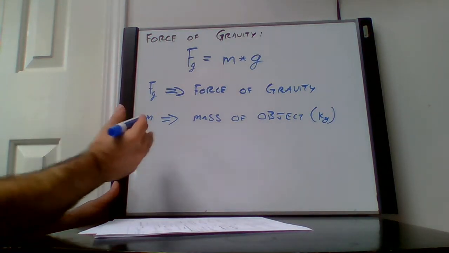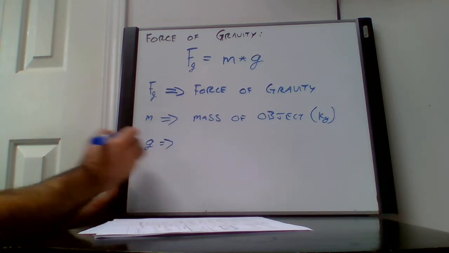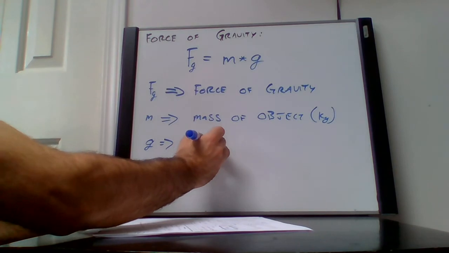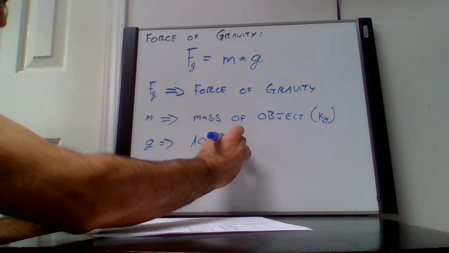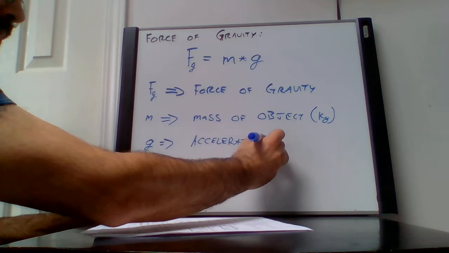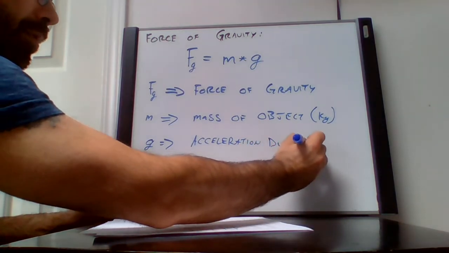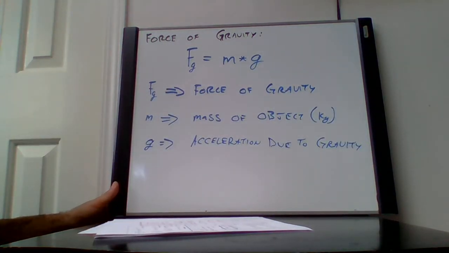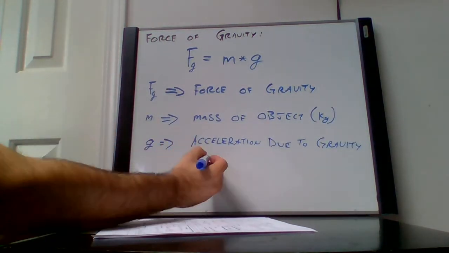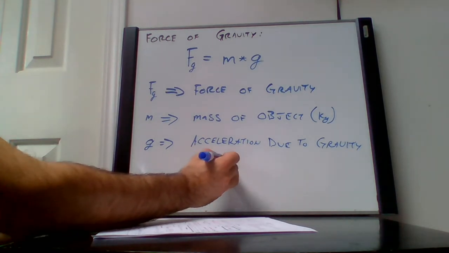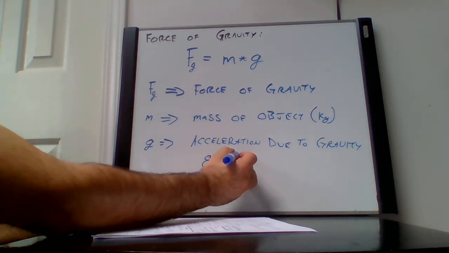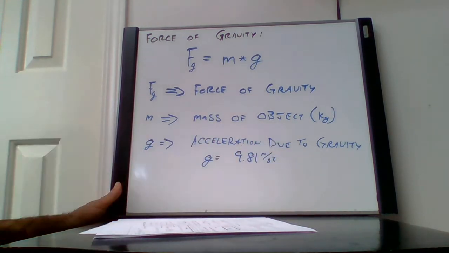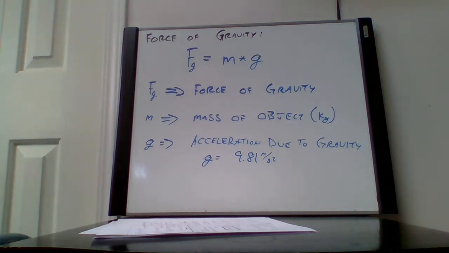And then we have our g. This is the acceleration due to gravity. We've already been using this acceleration due to gravity quite a bit, and so just remember that for where we are on planet Earth, we're going to talk about gravity as being negative 9.81 meters per second squared, or we say 9.81 meters per second squared.